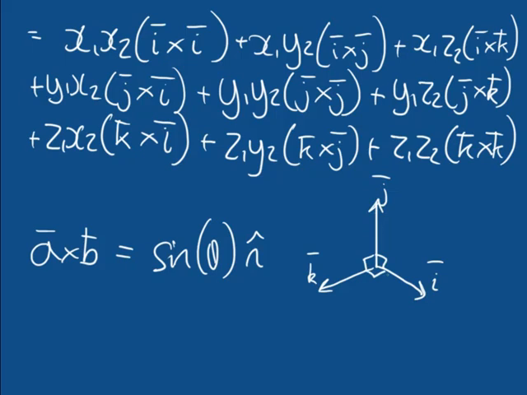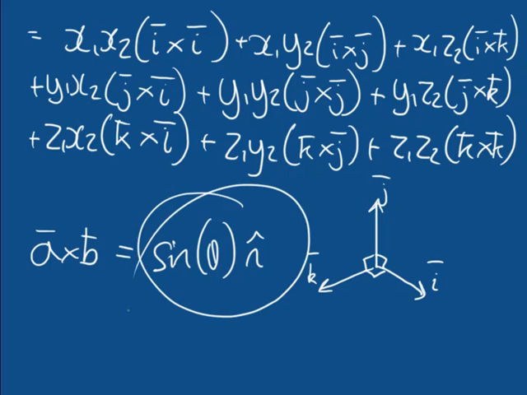Now again, just as when we had our dot product and all of the dot product operations here, we have the cross product operations of a number of these Cartesian vectors. And there are actually two different types of combinations of these vectors. Either we're crossing a vector with itself, or we're crossing a vector with one of the other Cartesian vectors. If we're crossing a vector with itself, then we know that the angle between any vector and itself is 0 degrees.